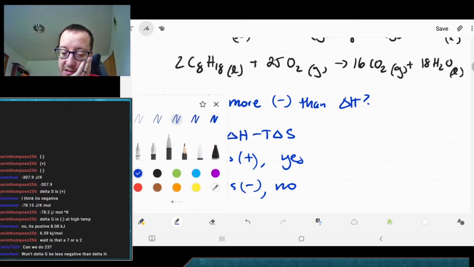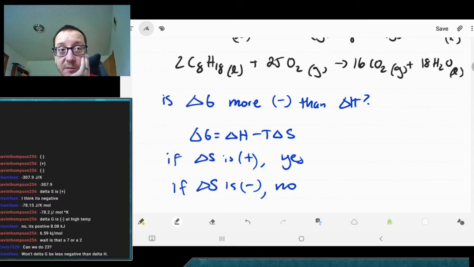And so we have some factors to think about. But so far in our other exercises, we are seeing that the gases tend to win out here. If we look here, we have 16 gas moles. And here we have 25 moles of gas.